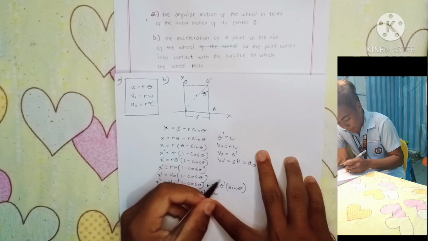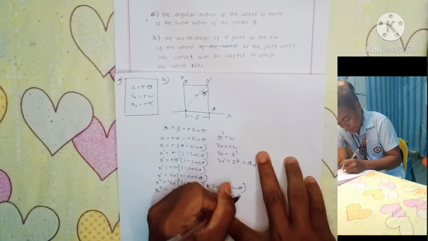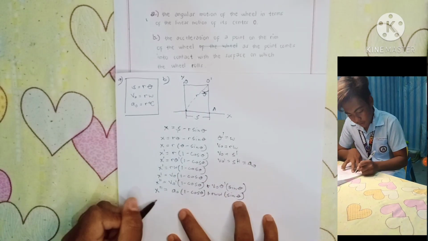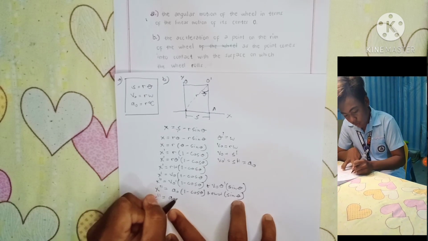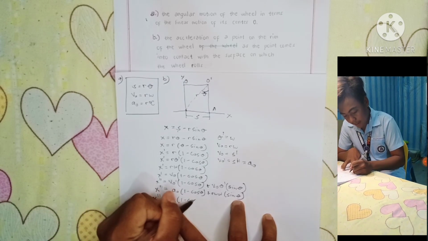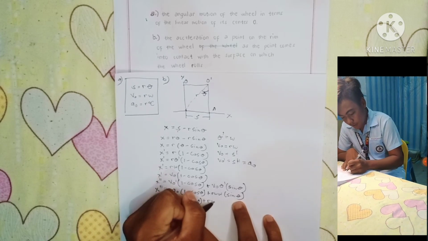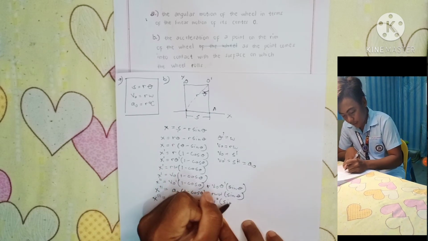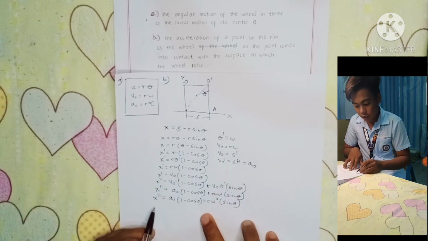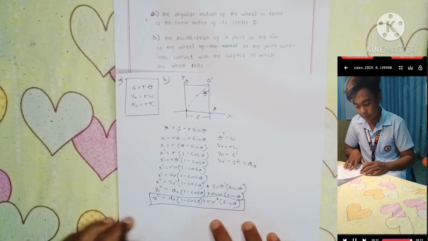Itong theta prime is equals din siya sa omega times sine theta. X double prime is equals to AO times 1 minus cosine theta plus R times omega squared times sine theta. So this is the answer for X.